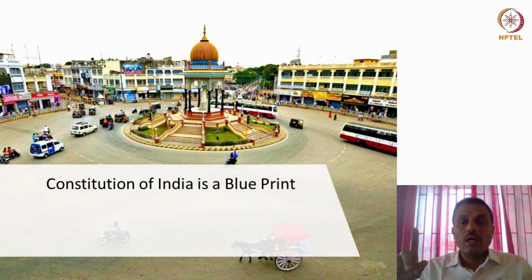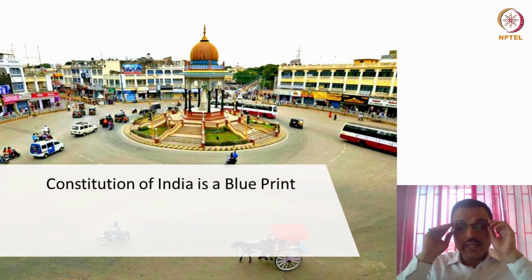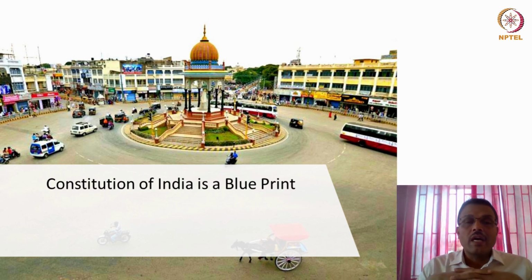So what is the size, what is the structure of the house, where the bedrooms have to be, where the master bedroom is, where the kitchen is, and so on and so forth. So the constitution is also a document that, to a larger extent, is a kind of design document for what the country ought to do.